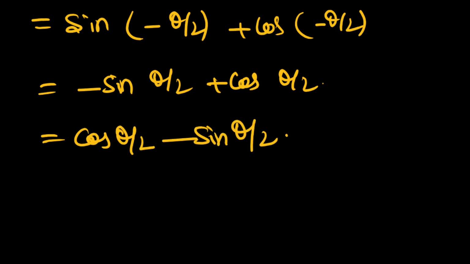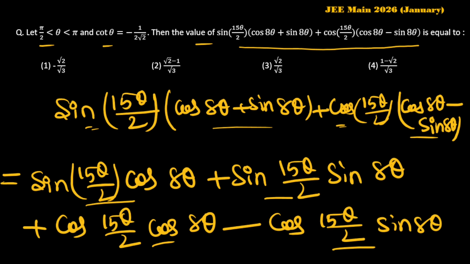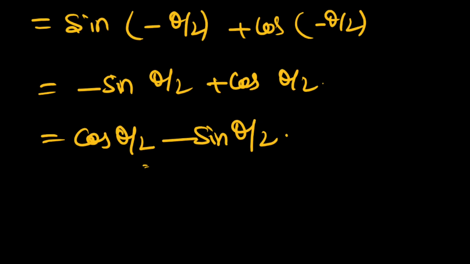Now we find the value of cos theta by 2 minus sin theta by 2. It is given that cot theta is equal to minus 1 over 2 root 2, so we first convert to theta form.